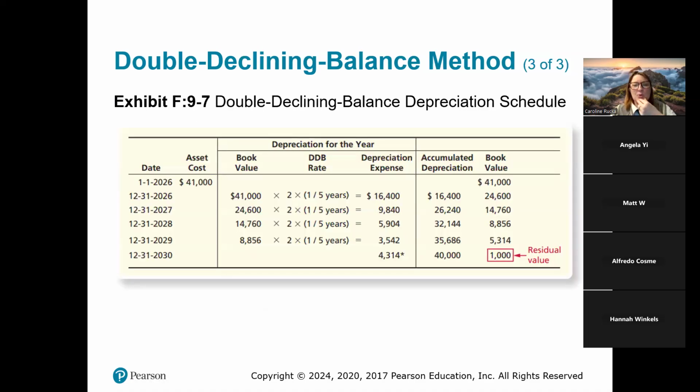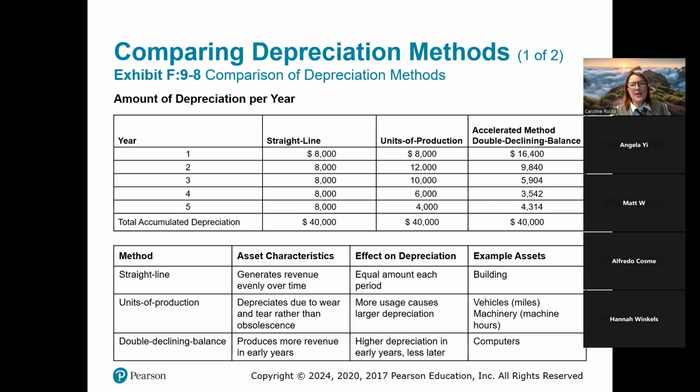So here's the schedule for double declining balance depreciation. Again, we're just depreciating down to this $4,000 floor and then selling the asset for $1,000 of residual value. Another summary slide.